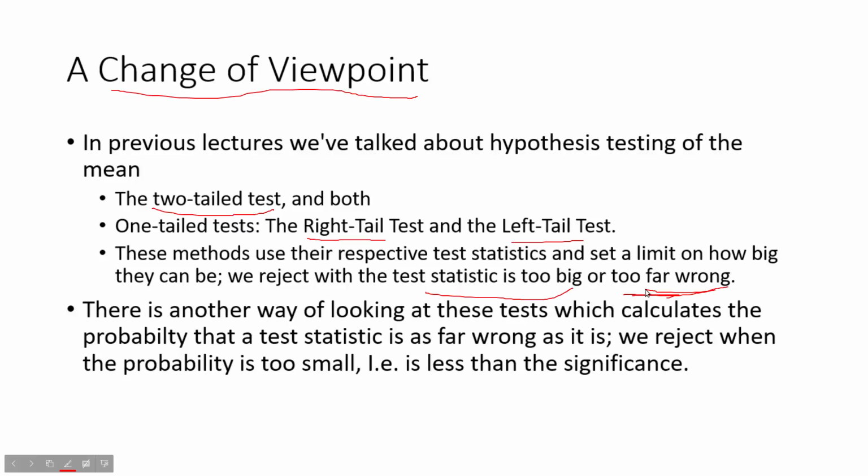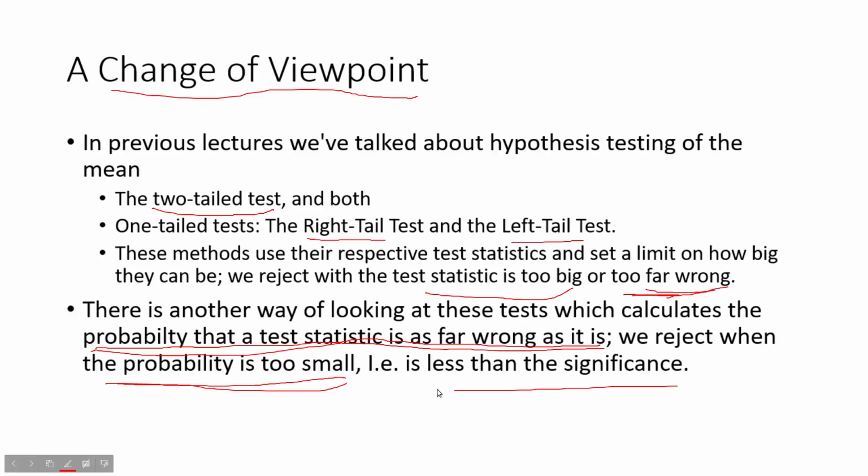Now, there's another way of doing this which calculates the probability that a test statistic is as far wrong as it is. And then we set up our test criteria so that instead of rejecting if our test statistic fits in a particular way with respect to a critical number, we'll reject if the probability p we calculate is too small.